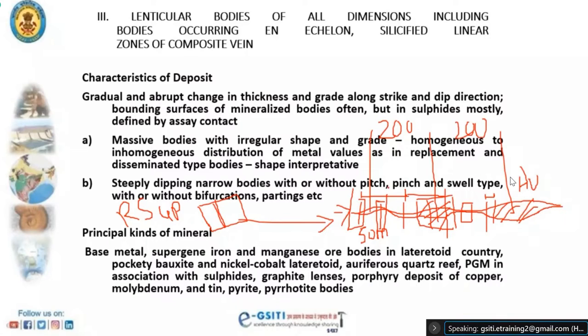For the next stage of drilling, we have a much narrower spacing, it could be 100, and finally about 50 meters at G2 stage of investigation, again keeping in consideration the irregularity of the shape and grade of the body. So this is typical only for gold deposits.